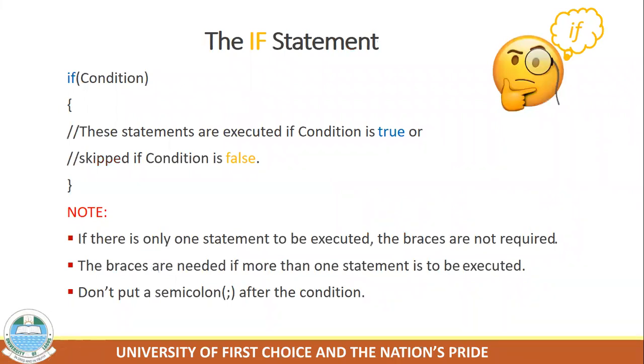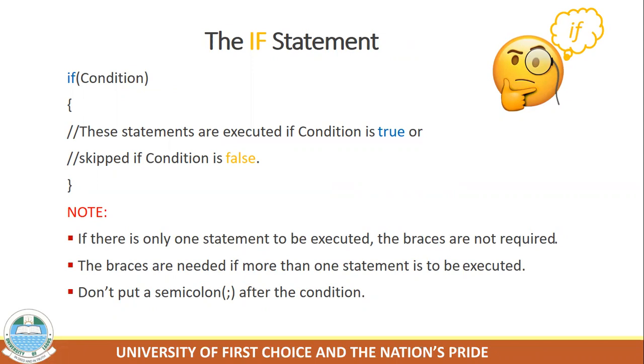All right. Now, one of the statements we'll use most in C++ is the if statement, in making decisions. The beauty about C++ or C as a high-level language is that the keywords are English-like.